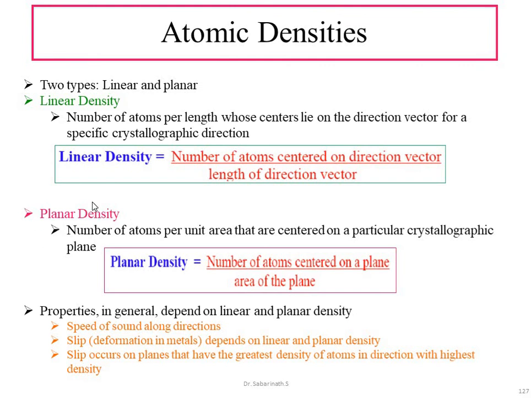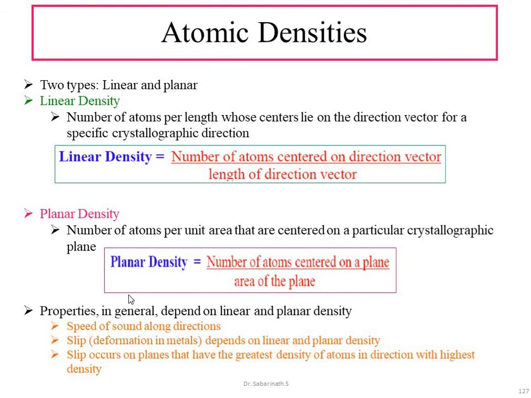Coming to the planar density, we will use this equation: the number of atoms centered on or lying on a plane, divided by the area of that particular plane. Let us go deeper into this.